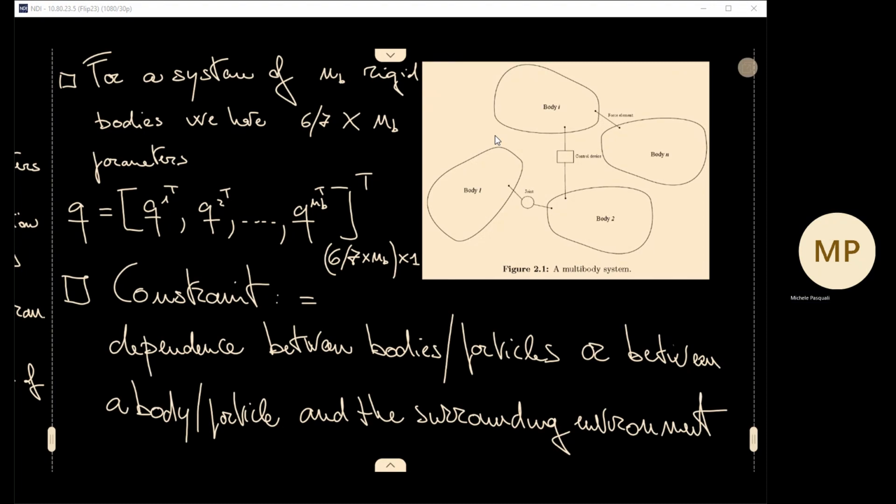Okay? So this is the definition of constraint. Okay, something very important.